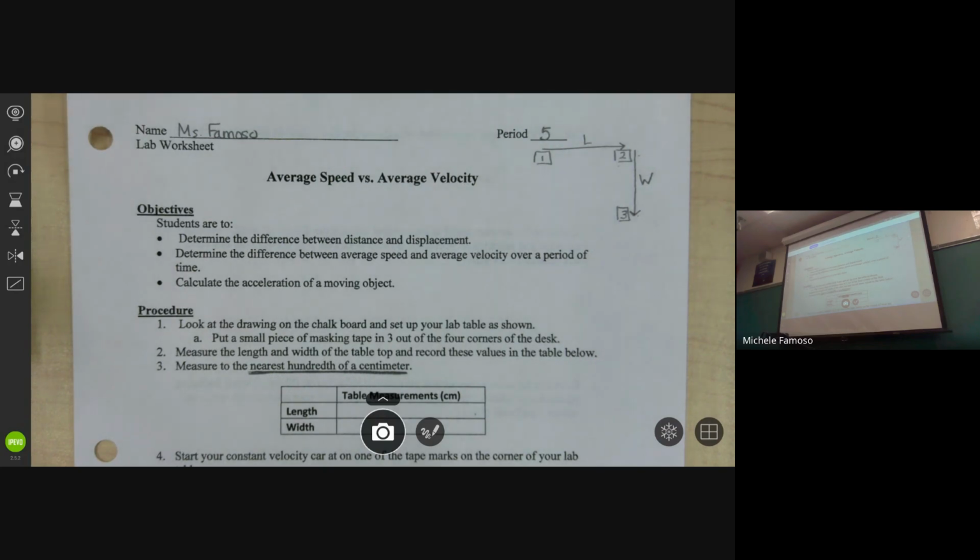Here are your 2 meter sticks. Don't measure from here to the edge. You measure from the center. So come on over here. Take 2 and take 3. All right. So I'm going to have the 3 of you work together.